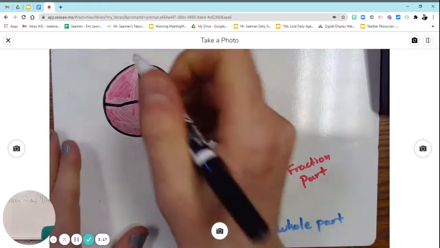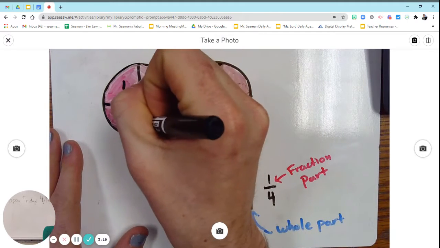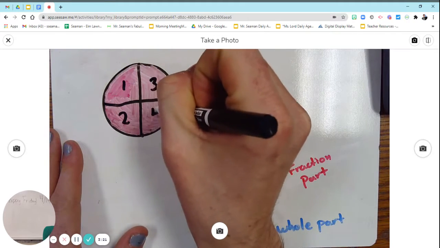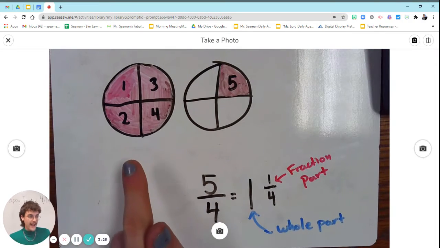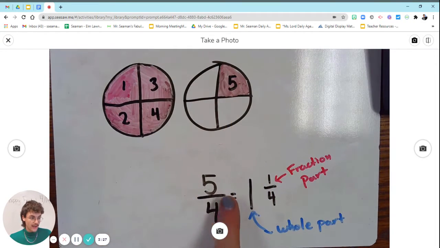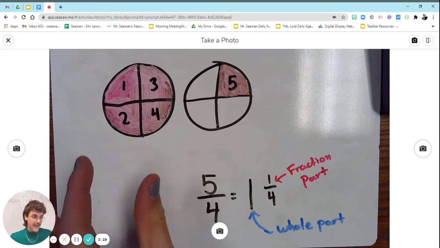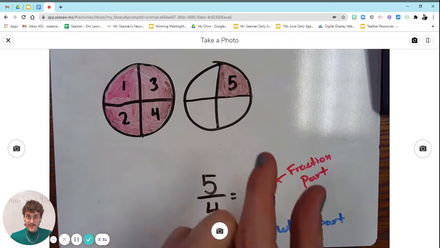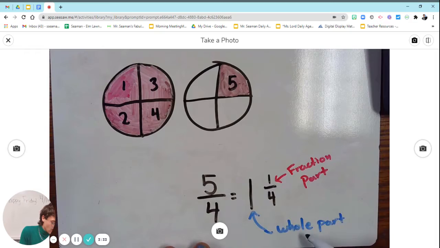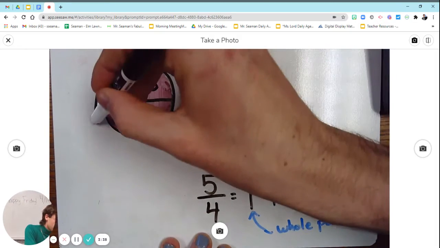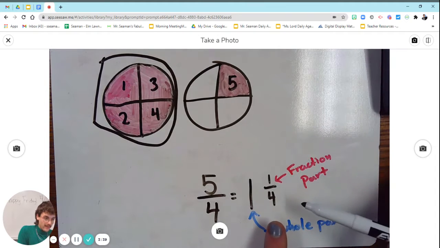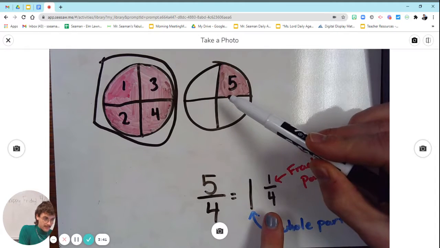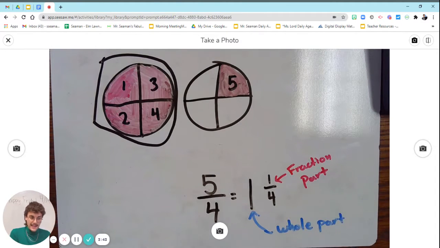And if you notice, 1, 2, 3, 4, and 5. So there are 5 pieces in total out of the fourths. There are 5 1/4 pieces available. But if you look at the whole, there is 1 whole, and then there's only 1/4 left over. So visually, that is why we are converting it.